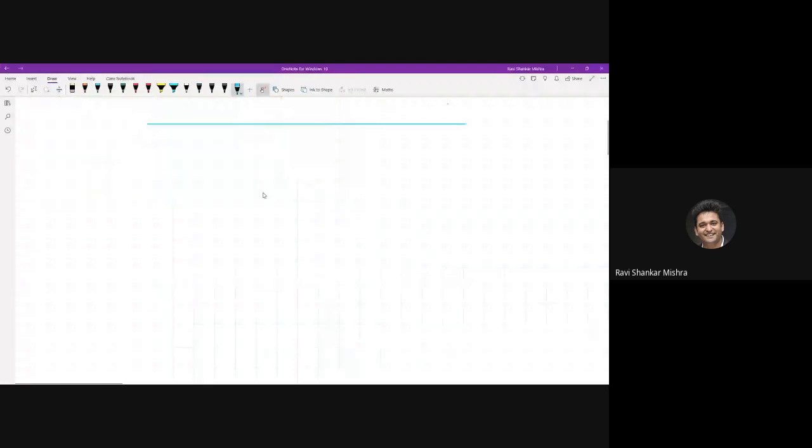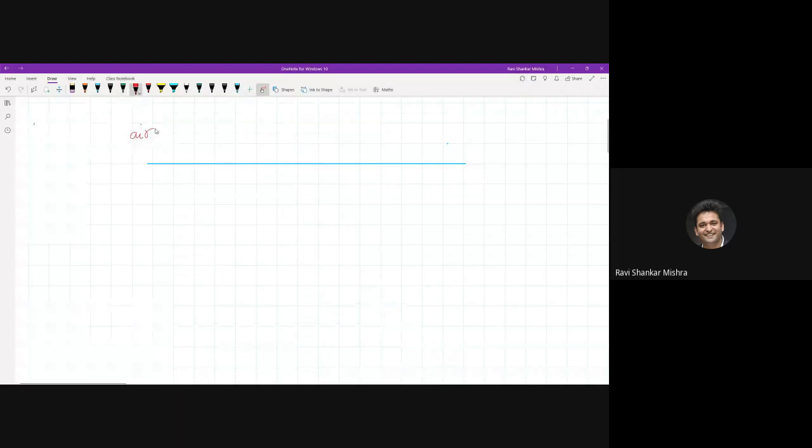If I say this is air and this is water, the optical density of air is 1 and of water is 4 by 3 or 1.33. So tell me which is denser? Water.